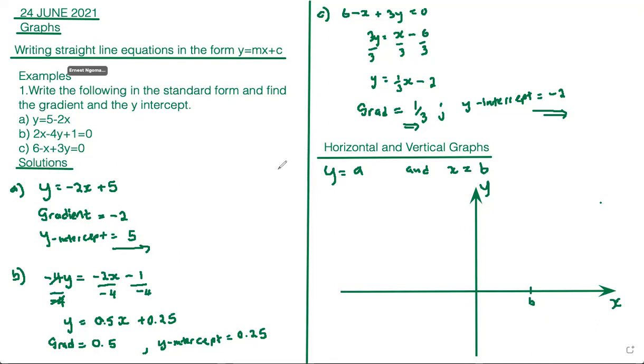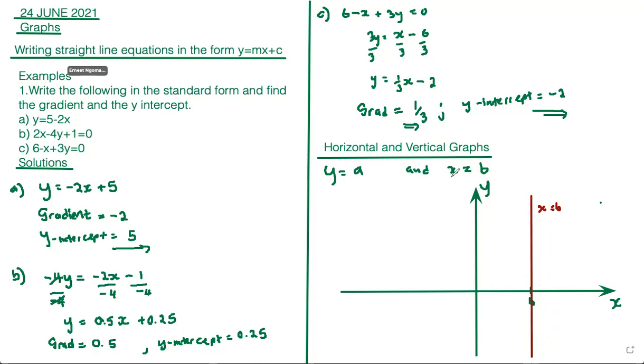So you just go to where b is on the x-axis, then draw a straight line through that point b, like that. A vertical line. That line represents the graph x is equal to b, because whatever value of y you change, the value of x remains b.